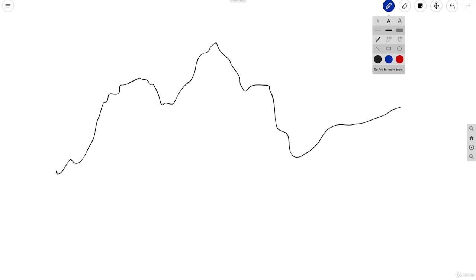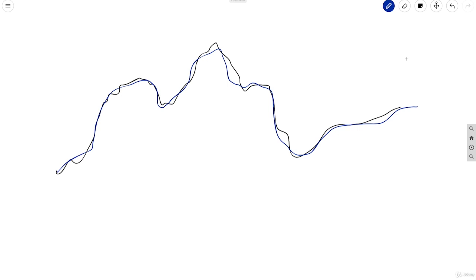And here, that's going to be the 5 days moving average, which is going to be close to the actual data. And you're going to take an extended period, let's say 20 days.